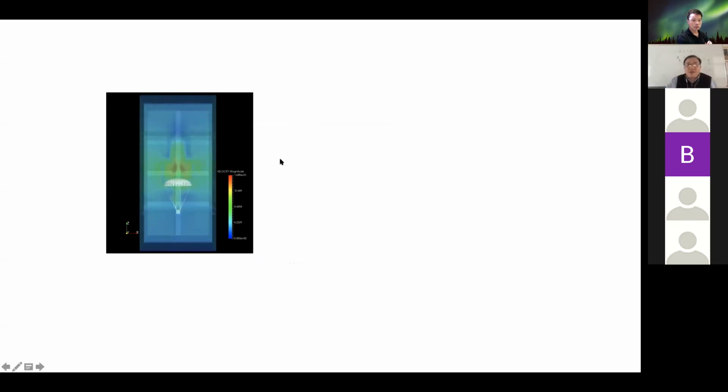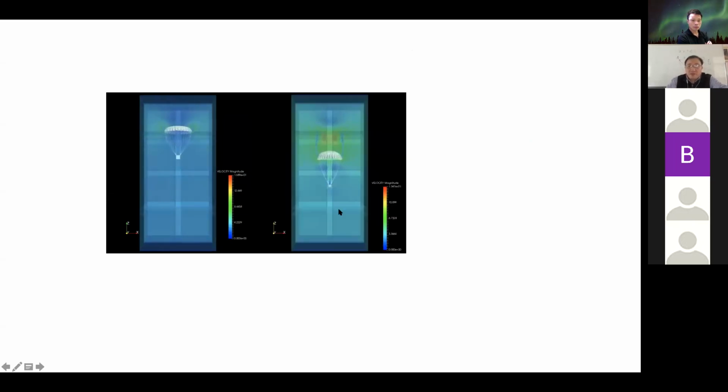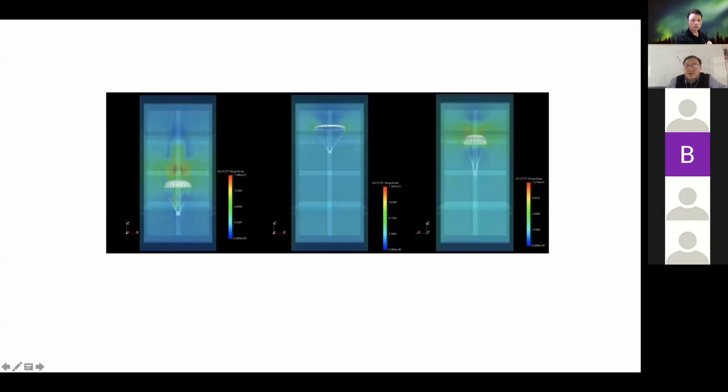So this is a hybrid simulation with 16 processes simulating this parachute, with a cubic cargo, this one with a sphere as a cargo, and this one with a human as a payload.